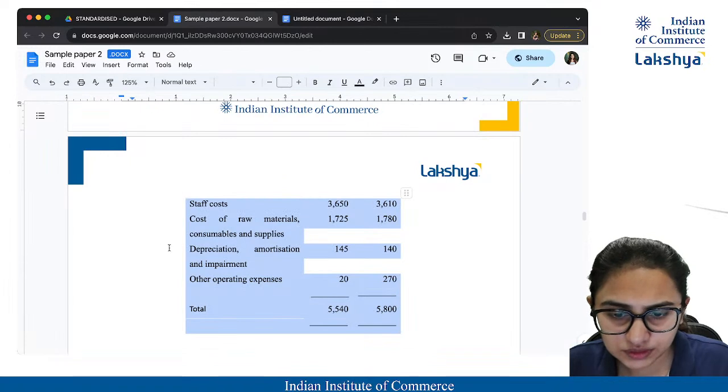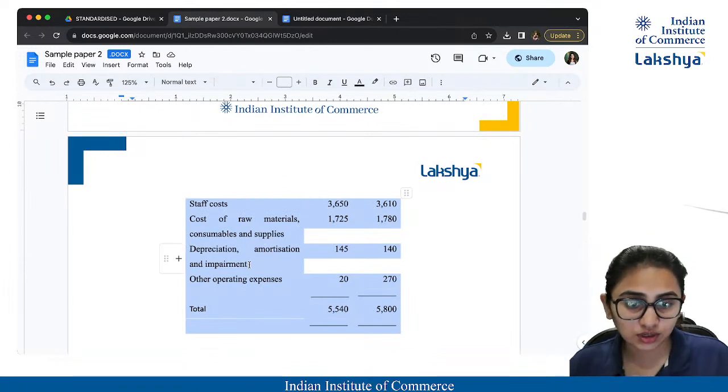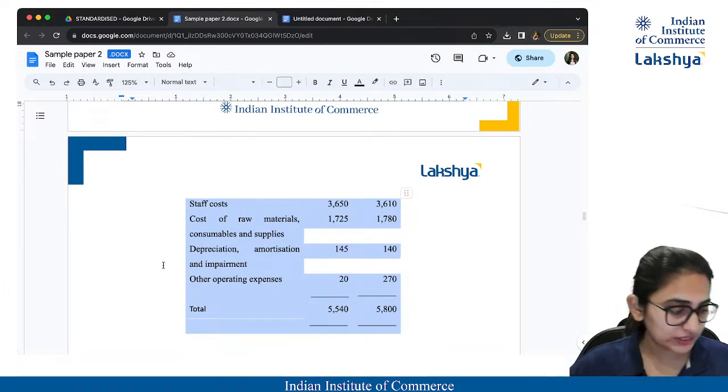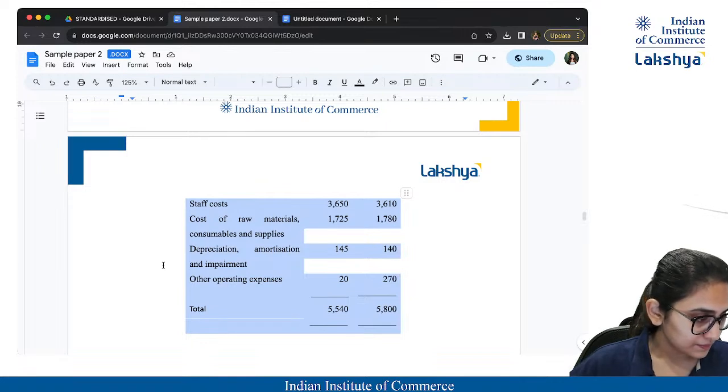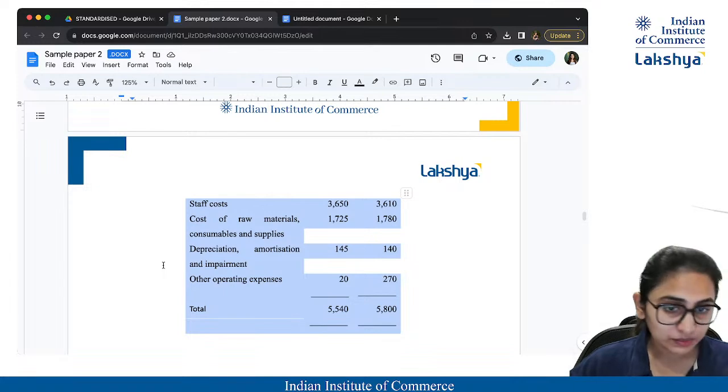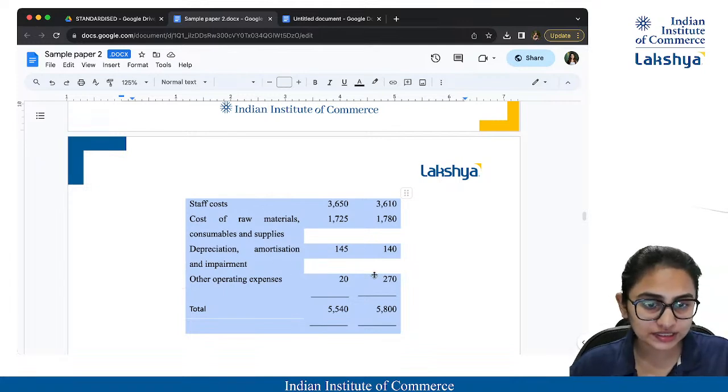Next, I will talk about depreciation, amortization and impairment. It has also increased. How much has it increased? By 3.6%. How to calculate the increase? The difference between the two divided by 140.